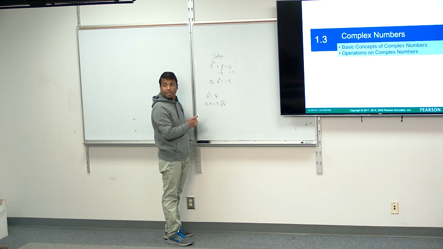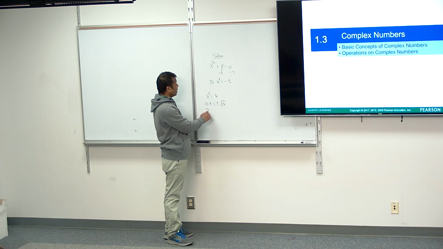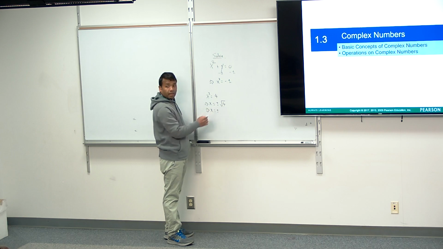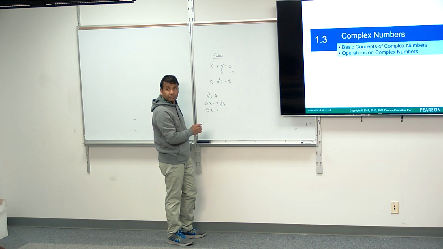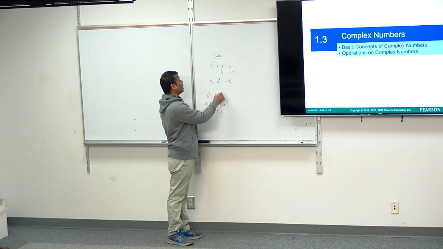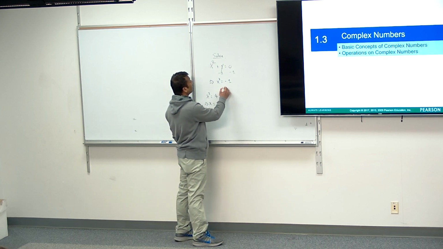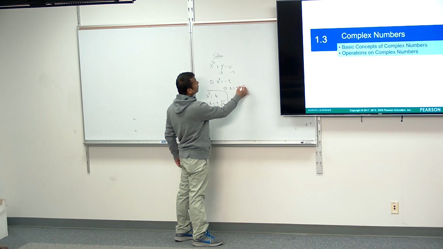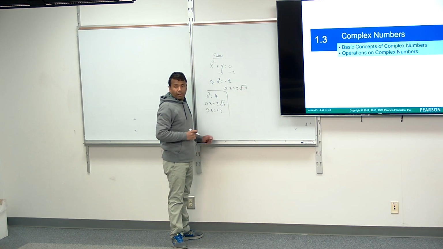And then you will get x equals plus or minus, what is radical 4? 2. Now you do the same thing here. If you do that, you will get x equal to plus or minus radical -1, right?